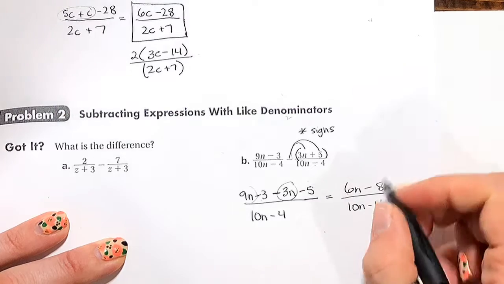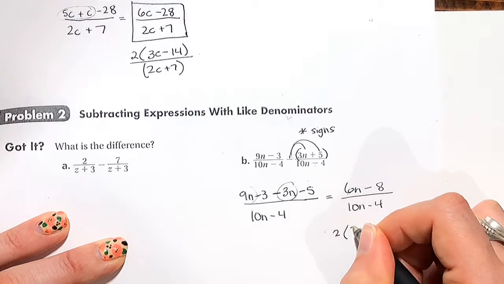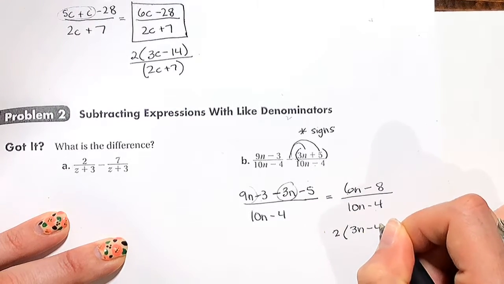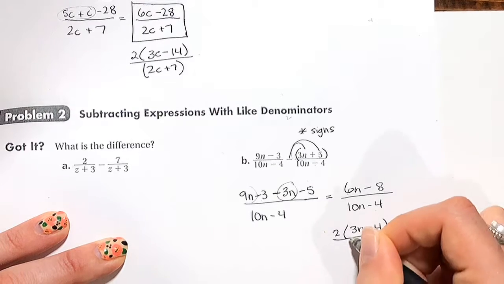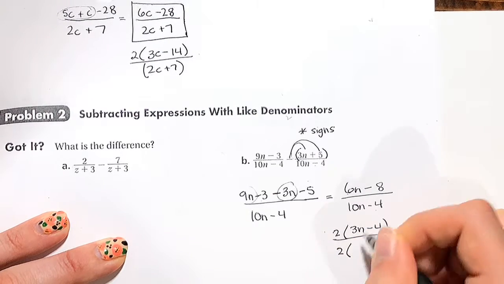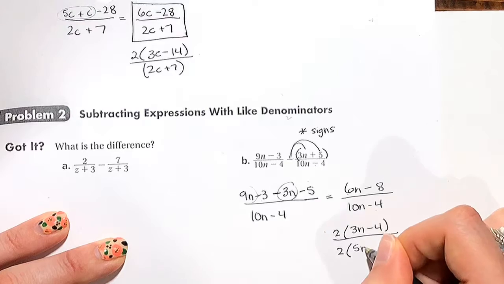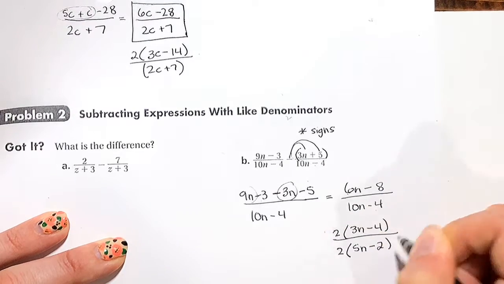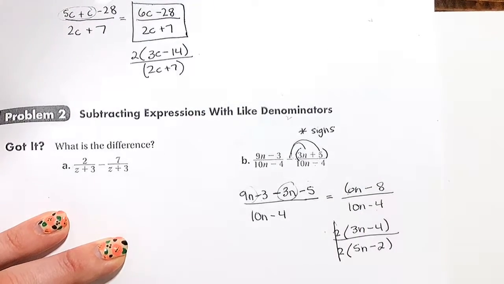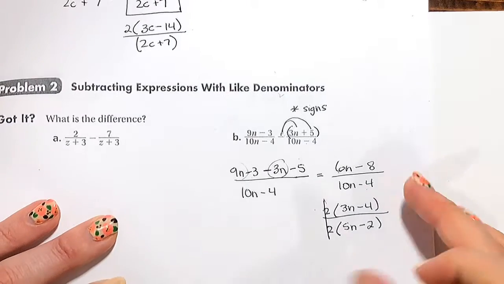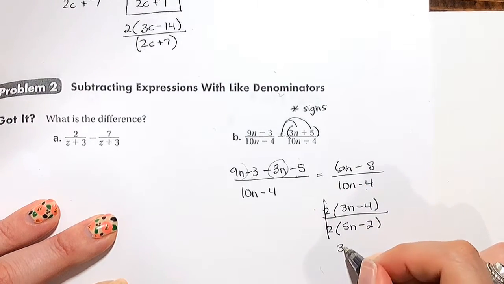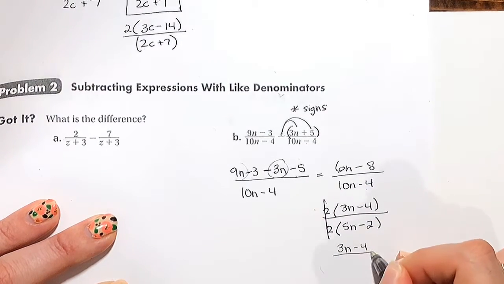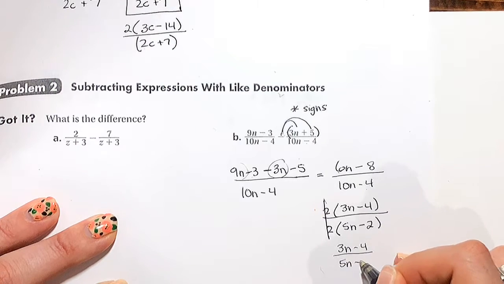So let's take a 2 out of each. That leaves me with 3n minus 4 on the top. And if I could take a 2 out of the bottom, I'm left with 5n minus 2. And so those 2's can cancel. So the reduced form would be the 3n minus 4 over 5n minus 2.